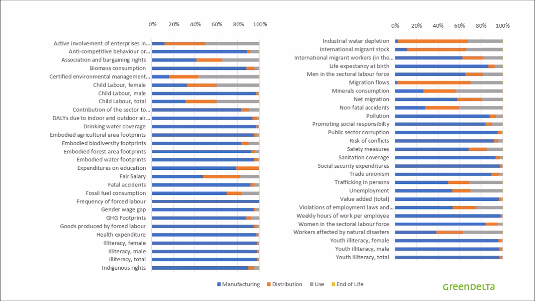So you can see that the impacts mostly come from the manufacturing stage in blue. For most of the impact categories, it is the most significant life cycle stage. But also for many indicators, the rest of the impact are shared between distribution and the use stage. And end of life is barely present in the impacts for most of the categories.